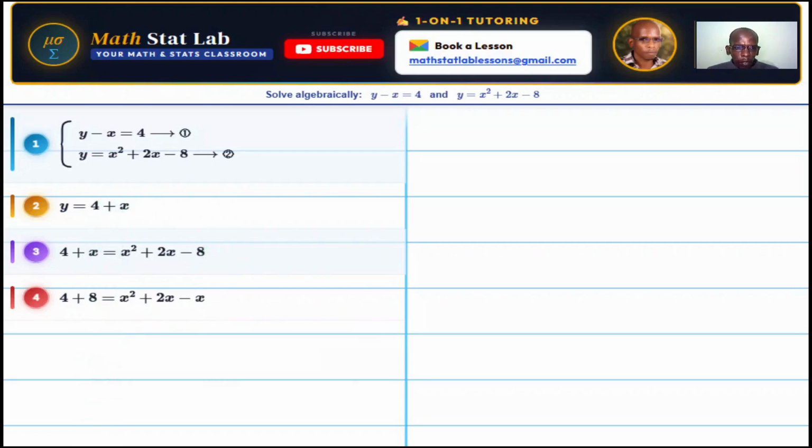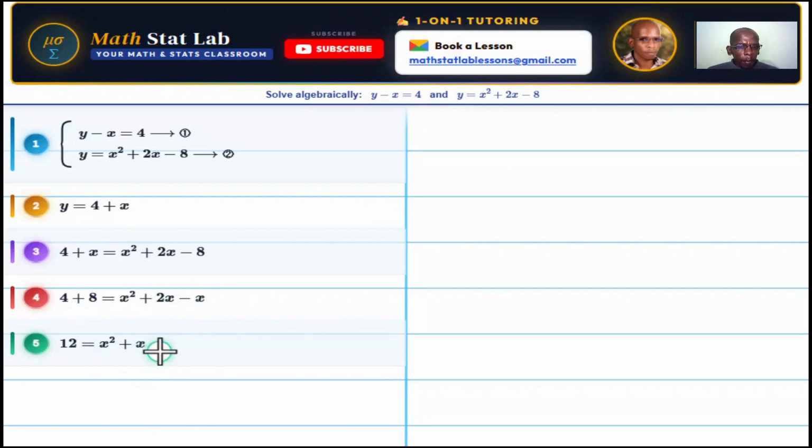So it becomes 4 plus 8, equals x squared, then plus these 2x, and then I move this x to the right side of the equal sign so that I can collect all the like terms together. This x here was positive on the other side of the equal sign, so it will be negative. So now it becomes 2x minus x. Then I just do the normal addition: 4 plus 8, which is 12, then x squared, then 2x minus x, which is x.